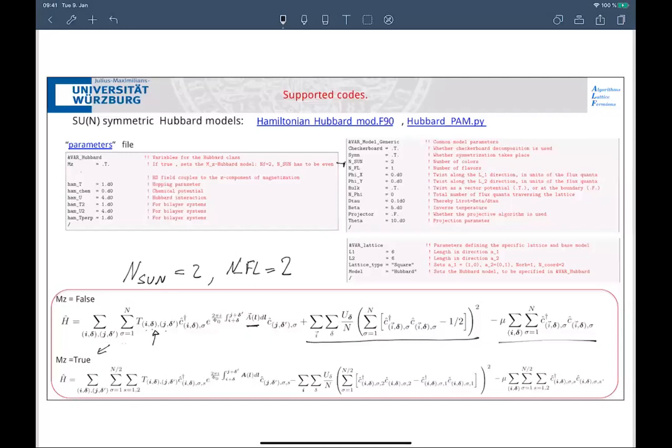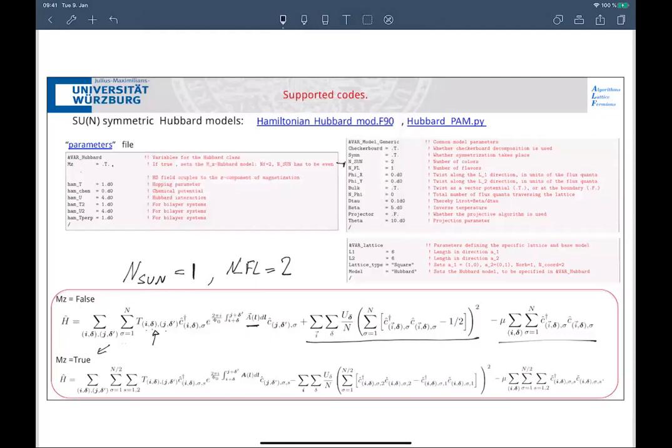So I have a spin up sector and a spin down sector, and N SUN will be divided by 2. So if you put N SUN equals 2 and MZ equals true, then the code will automatically divide N SUN by 2 and put the number of flavors equals 2.